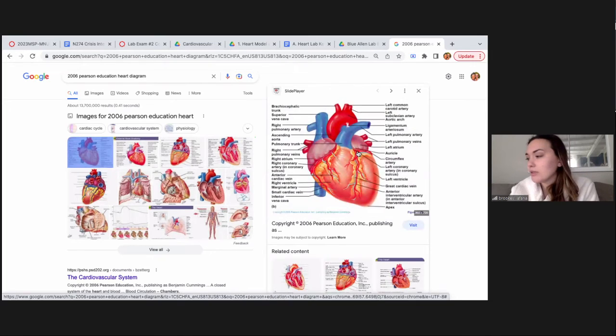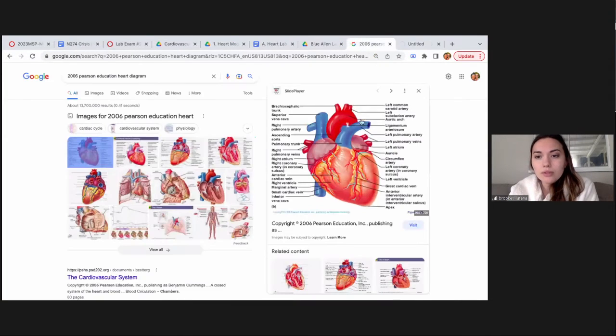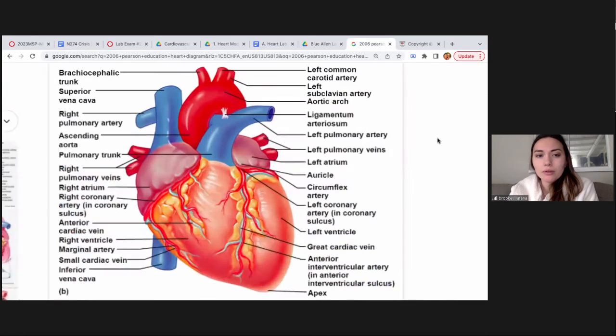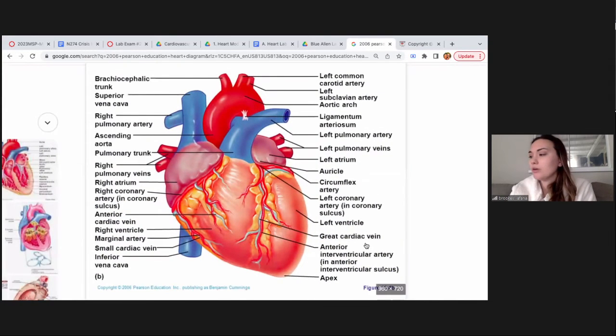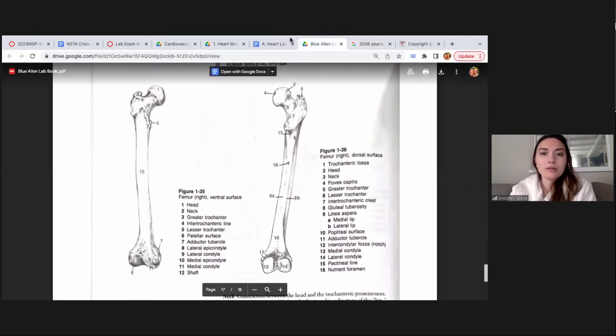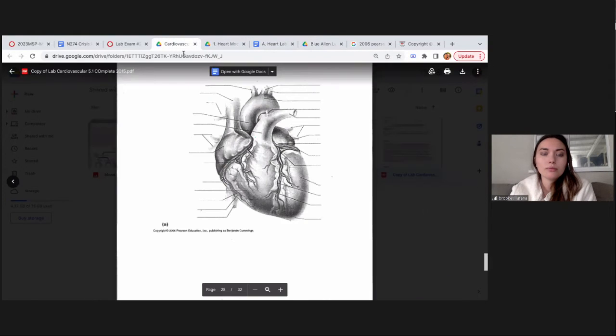Everybody seeing this? I know it's blurry. Okay, now it's clear. This is the same picture. I can't really zoom, it won't let me zoom. Oh, here we go. This is the same picture that there is right here.